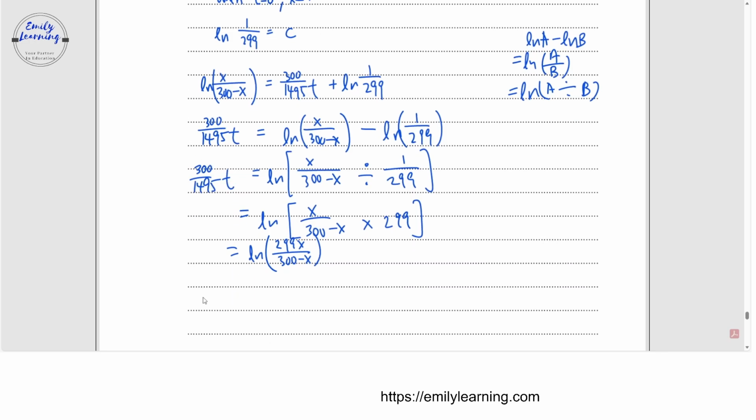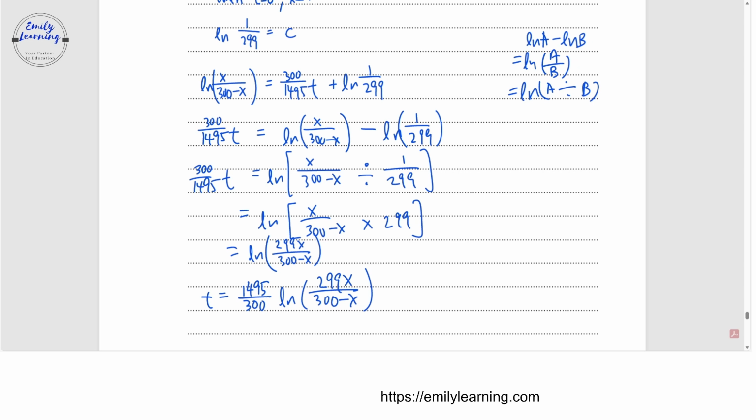But we want to find t, right? So t equals 1495 over 300 ln of 299x over 300 − x. So we have found the answer for that.